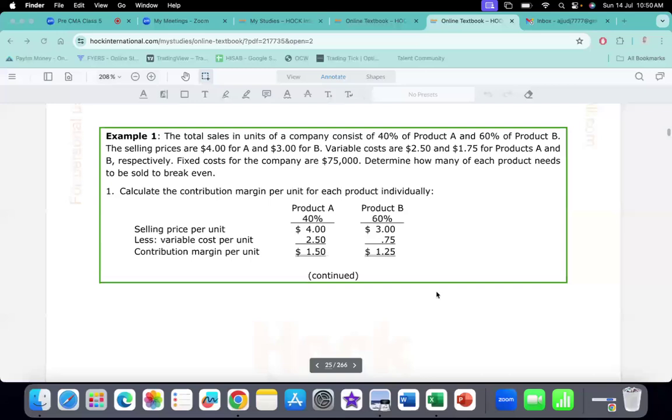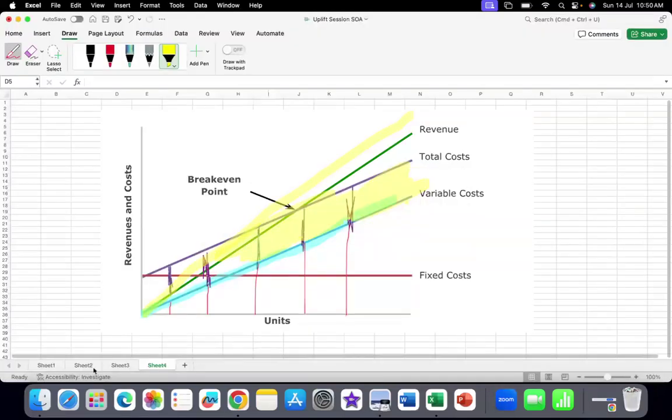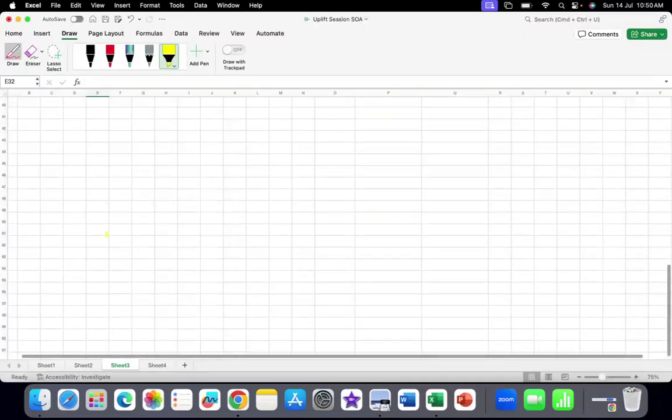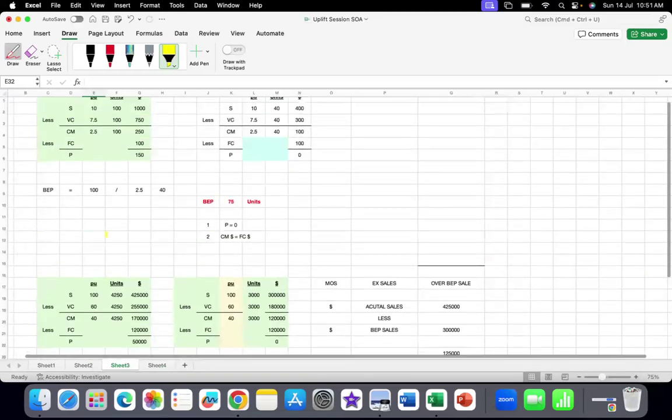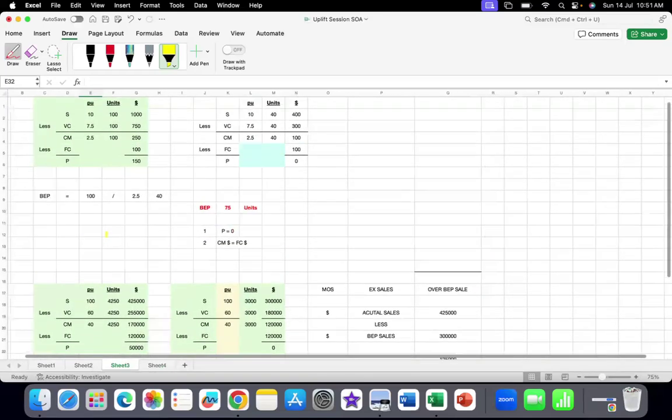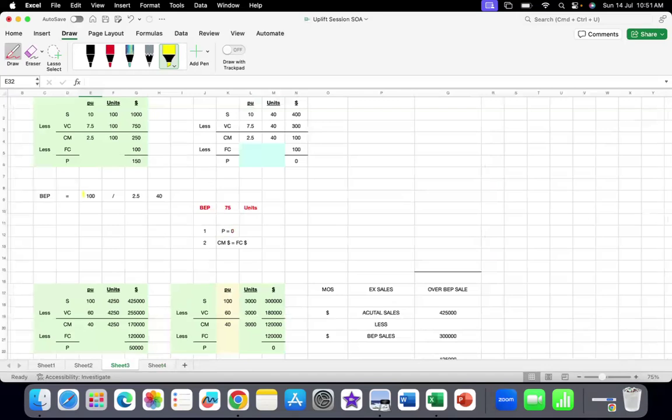The basic assumption we are making here is that there is only a single product, and we're calculating it, but it is not usually the case in practical life. In practical life, there are multiple products, and for those multiple products you should have multiple break even points.